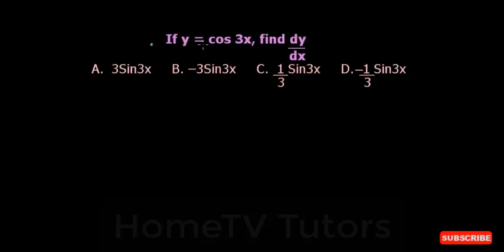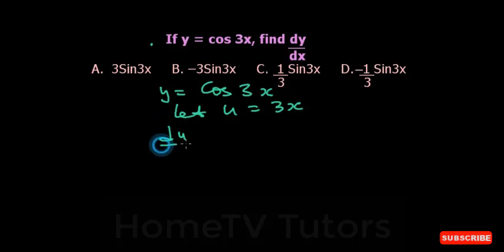If y equals cos 3x, find dy/dx. When y equals cos 3x, let u equals 3x. Okay, so du/dx equals 3.